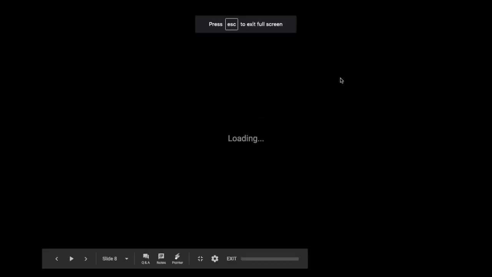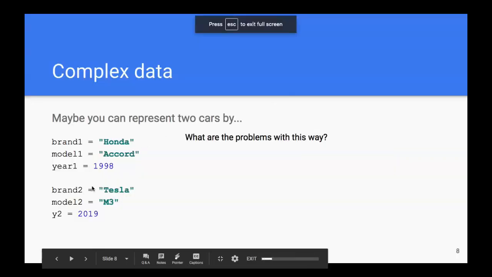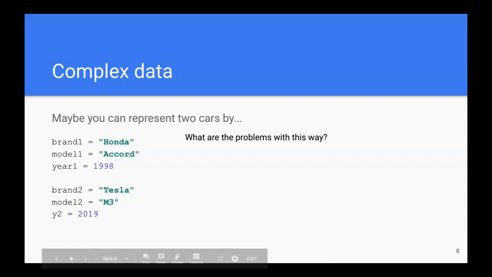Okay. So yeah, we might go with one convention to use a bunch of variables that represent different cars. Now, what are some of the problems with this particular approach? Think about how you would be able to use these variables, right?